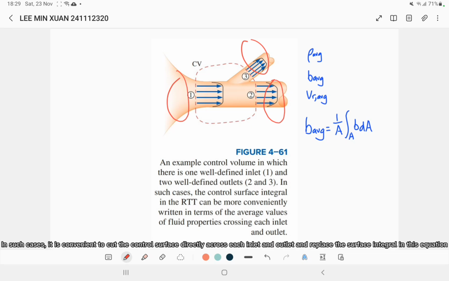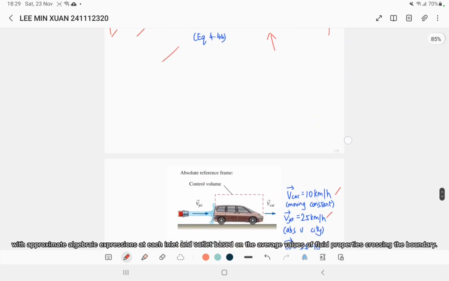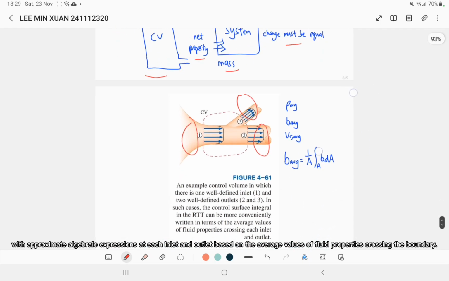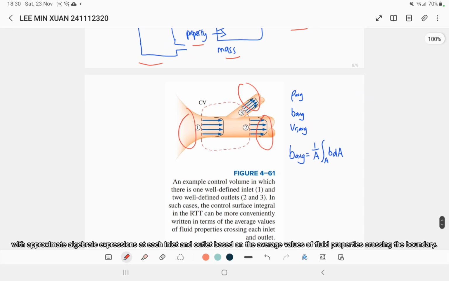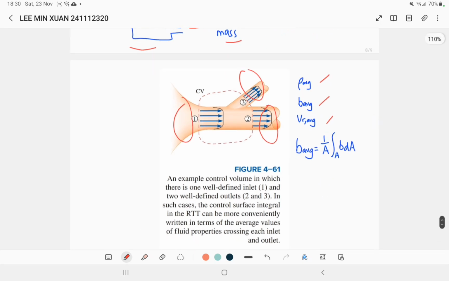In such a case, it is convenient to cut the control surface directly across each inlet and outlet and replace the surface integral in these equations with approximate algebraic expressions at each inlet and outlet based on the average values of fluid properties crossing the boundary. We define rho average, B average, and velocity average as the average values.